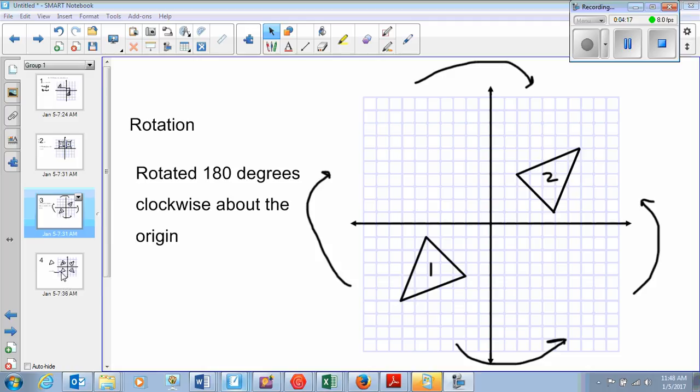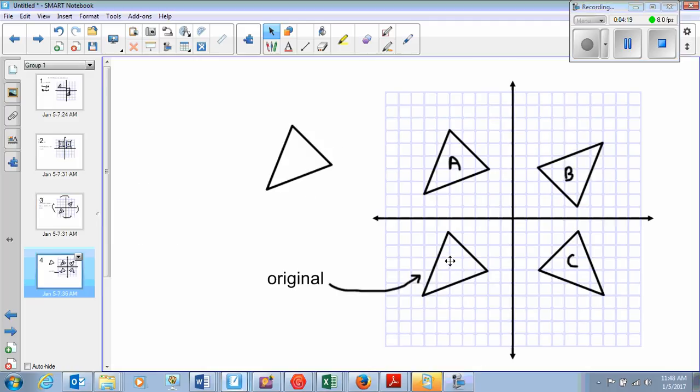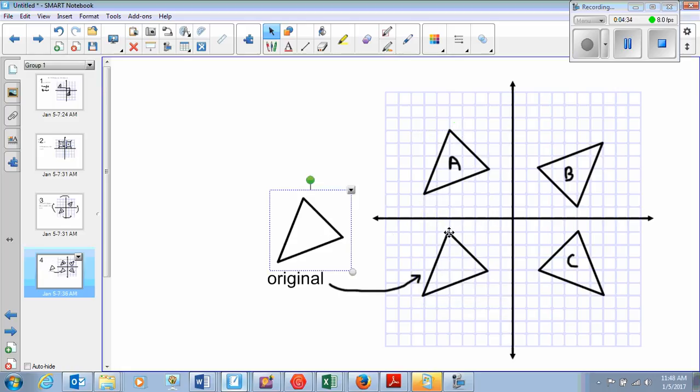So now in our last example, this is our original here. We want to see, what happened to get A? Well, A is not really a reflection. If it was a reflection, you should see this exact same image reflected up here, meaning this point should be the same units away from the X line as this point is, and they're not.